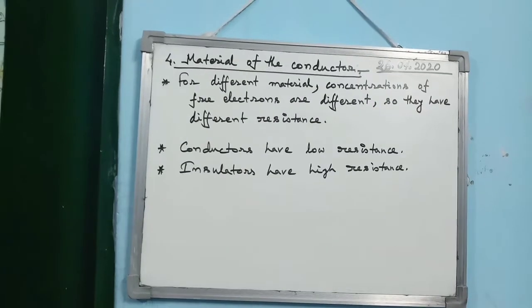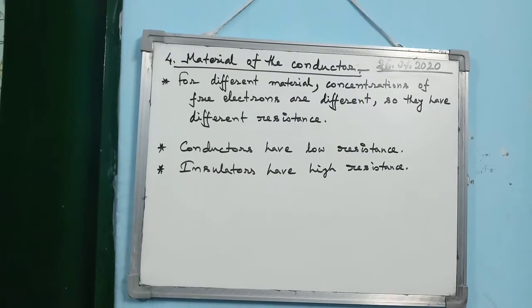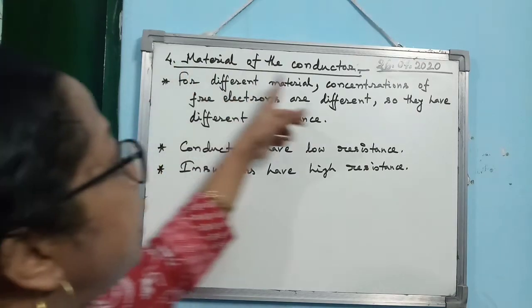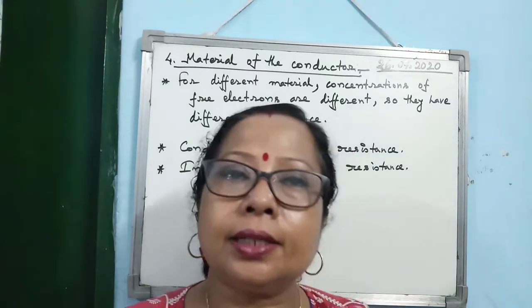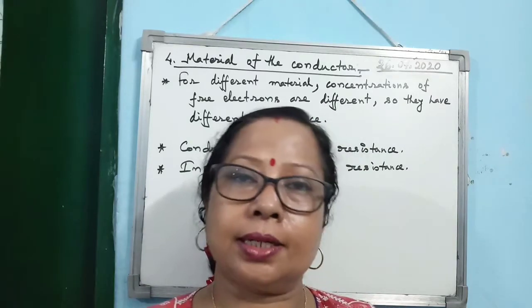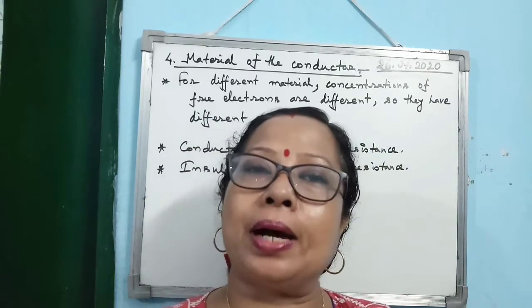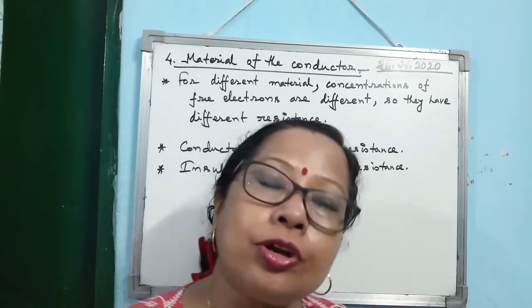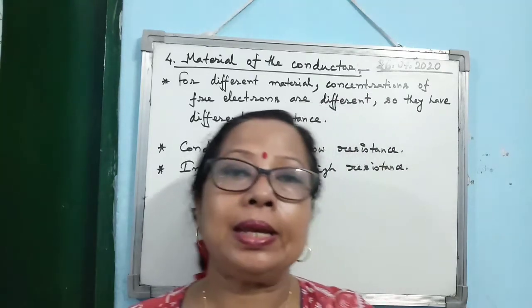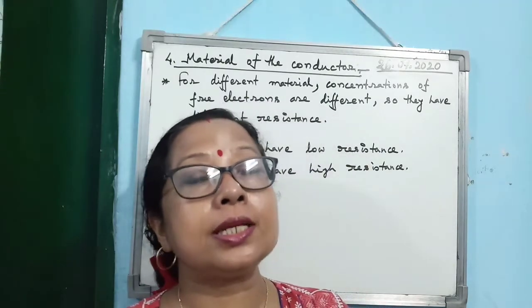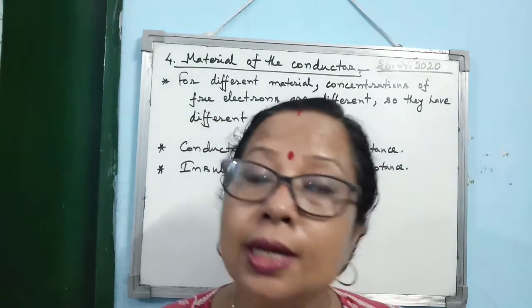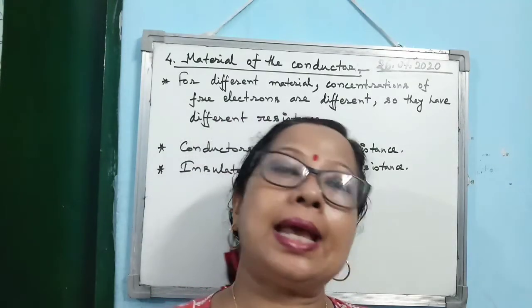Now the next factor on which the resistance of a conductor depends is the material of the conductor. Suppose you have taken copper as a conductor and aluminium as a conductor. Inside copper, the concentration of free electrons and inside aluminium, the concentration of free electrons are not the same. If the concentration of free electrons is more, then resistance will be less. Clear?